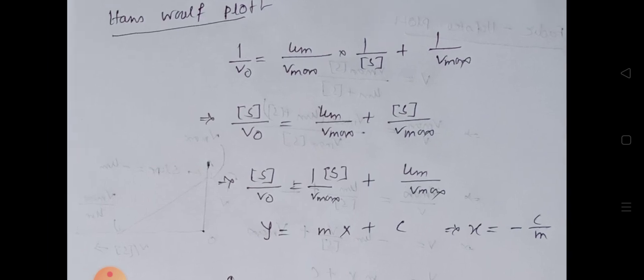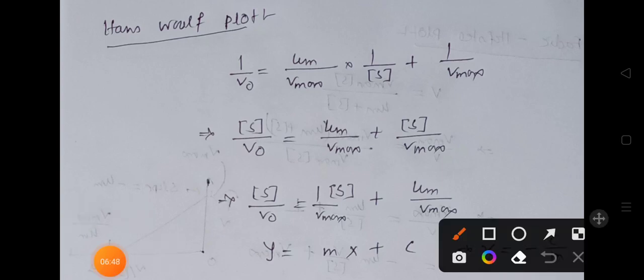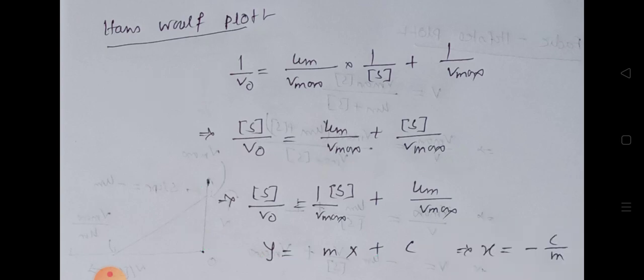It is just a further extension of the Lineweaver-Burk plot, we can say, because to derive the equation for the Hanes-Woolf plot, we are going to start with the equation of the Lineweaver-Burk plot. What we are going to do is multiply the substrate concentration on both sides. Now by arranging the equation, we can get the y equals mx plus c form of the Hanes-Woolf plot.